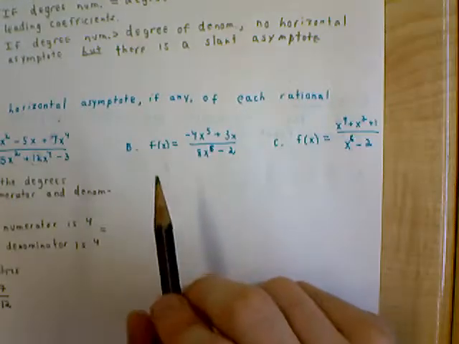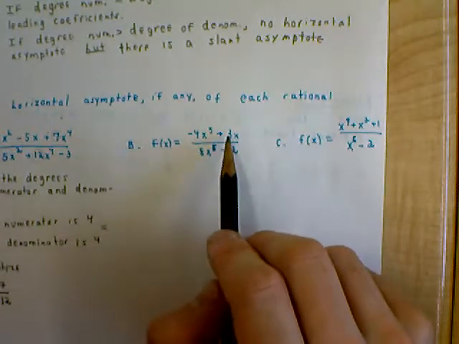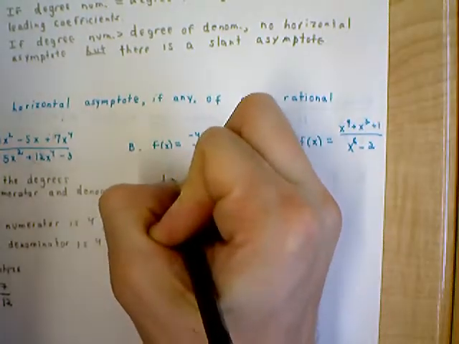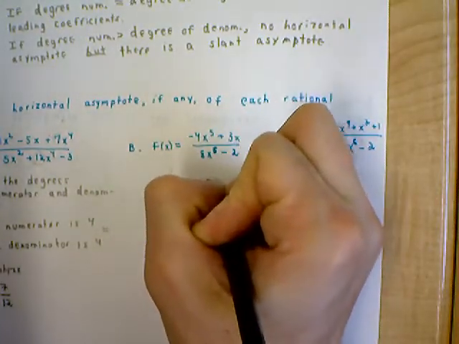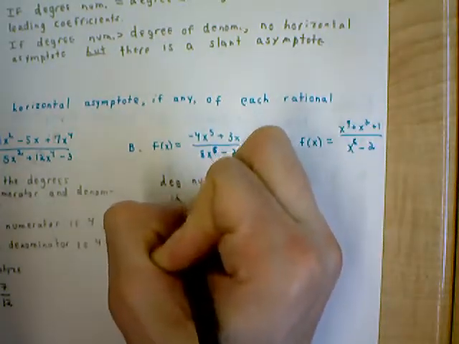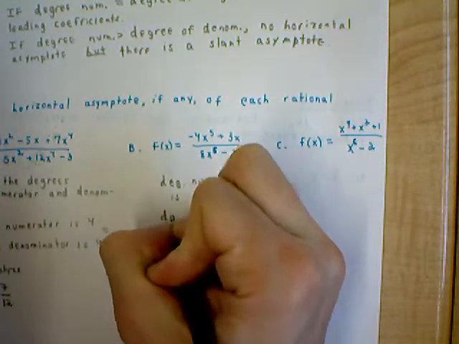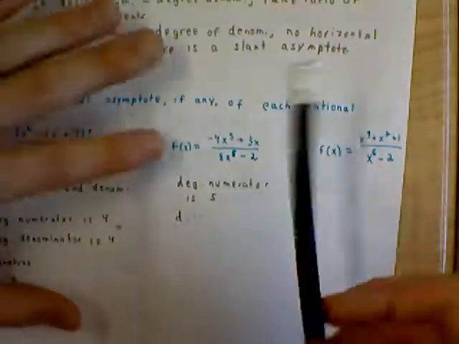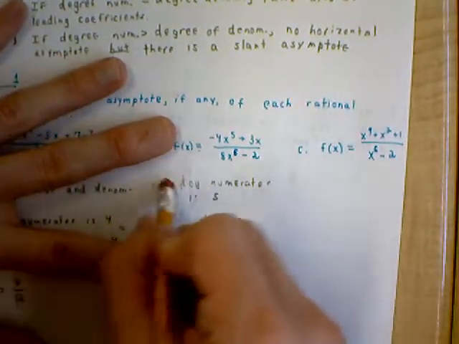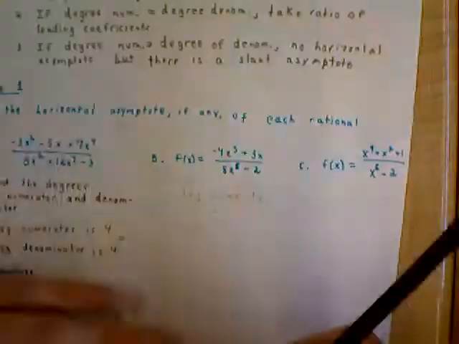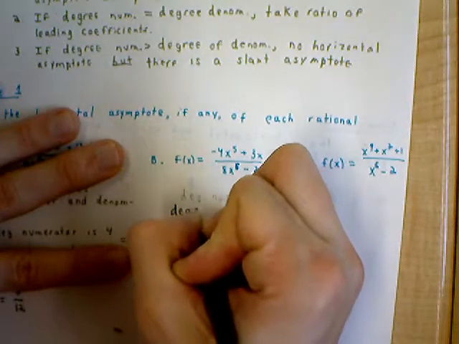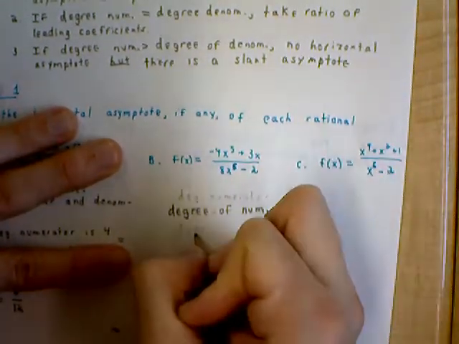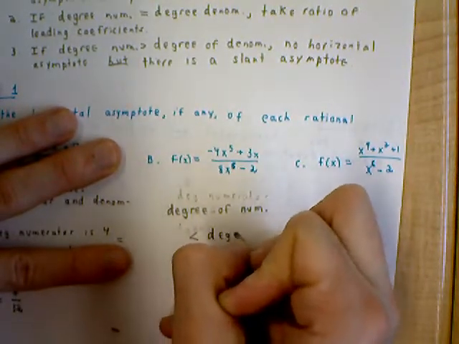All right. Let's take a look here at B. I have negative 4x to the fifth plus 3x squared over 8x to the sixth minus 2. All right, well, the degree of the numerator is 5. The degree of the denominator is 6. I can just see that the degree of the numerator is less than the degree of the denominator.